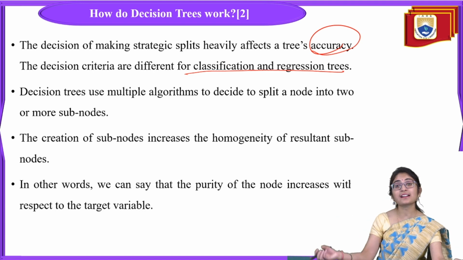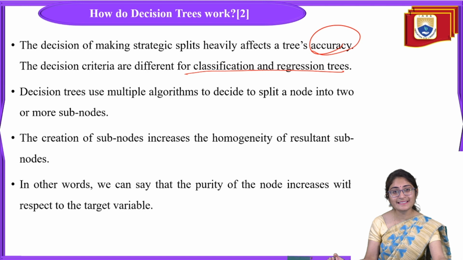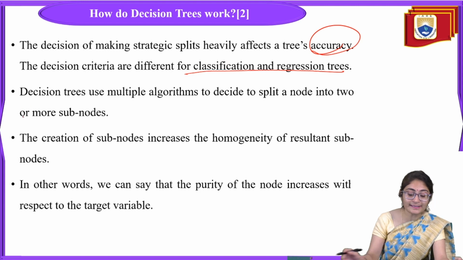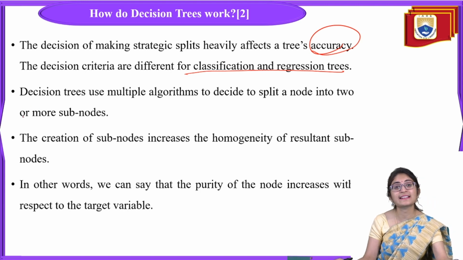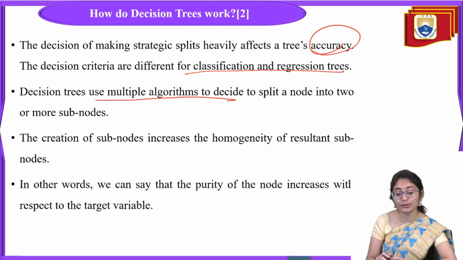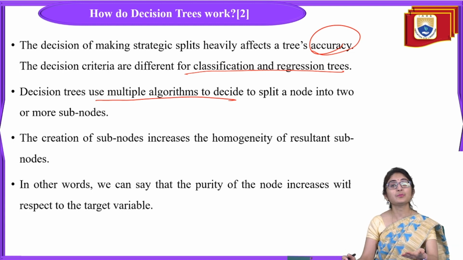So these trees contain branches, nodes, and decision nodes, and we split some of the nodes. All these things are decisions related to our decision tree, and decision trees use multiple algorithms to decide to split a node into two or more sub-nodes.